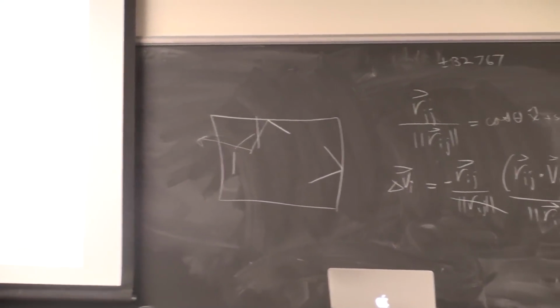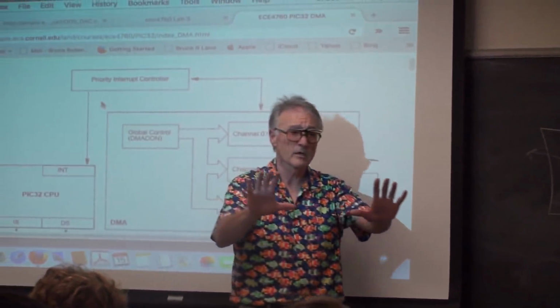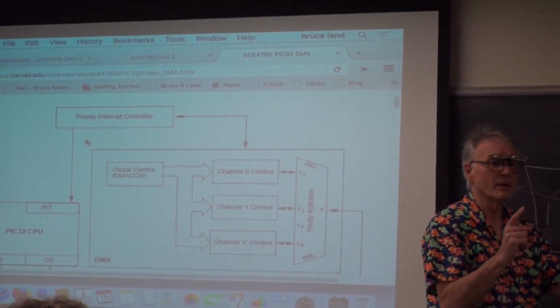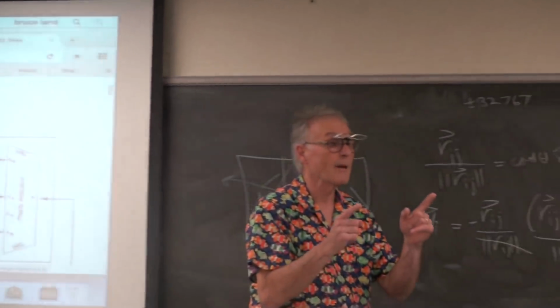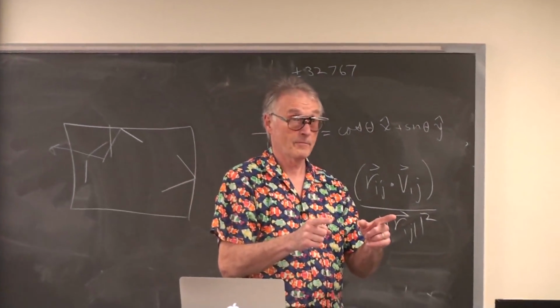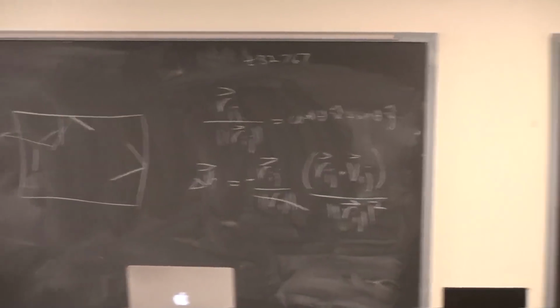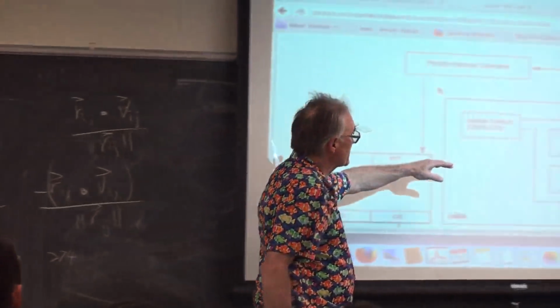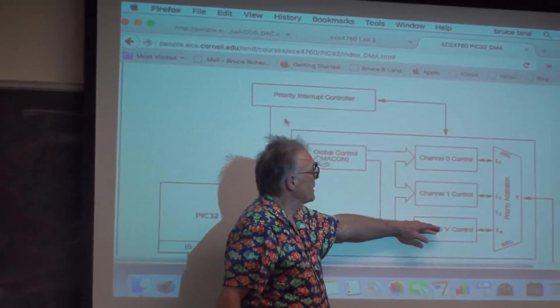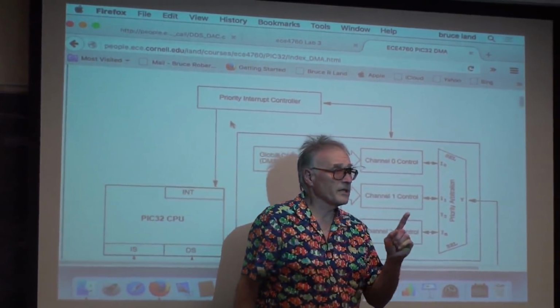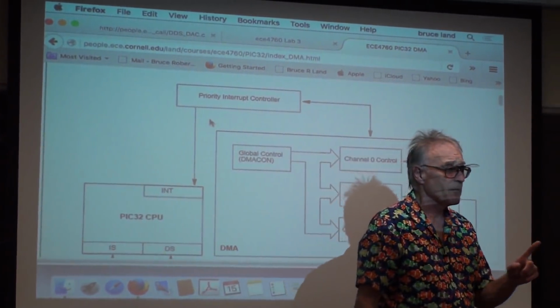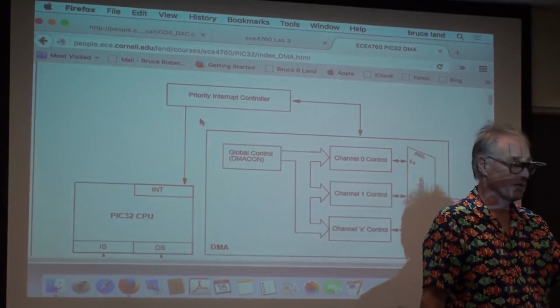These are not part of the CPU. They're completely separate hardware. Each one of them can be a bus master. It can issue memory addresses, just like the CPU. So each one of these DMA channels is a bus master that can ask for data from memory or send data to memory.